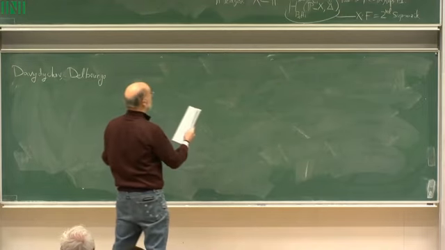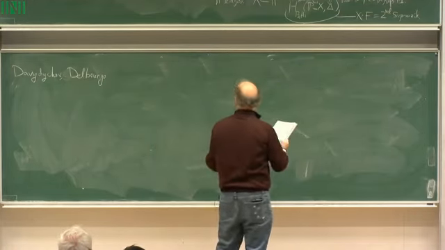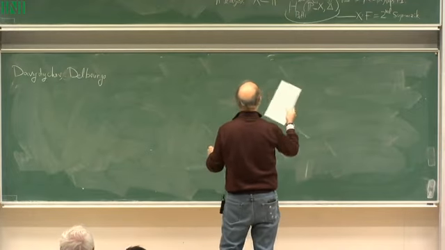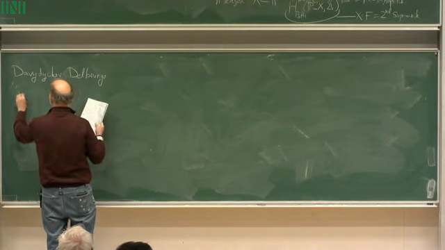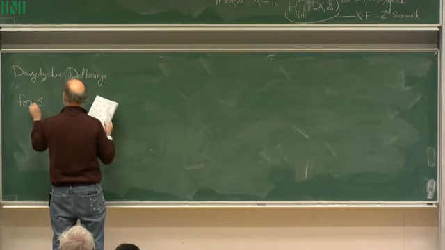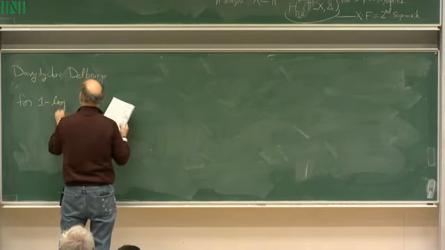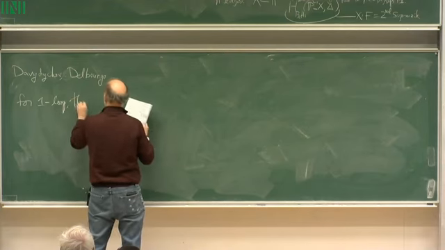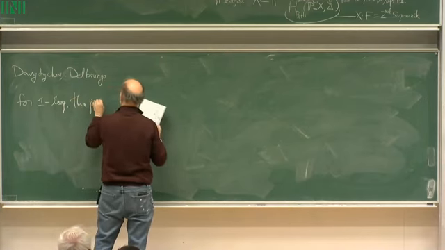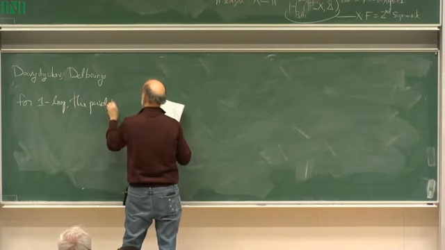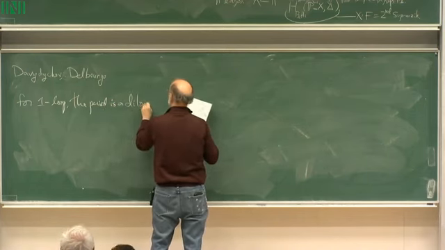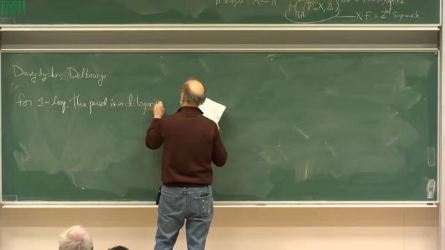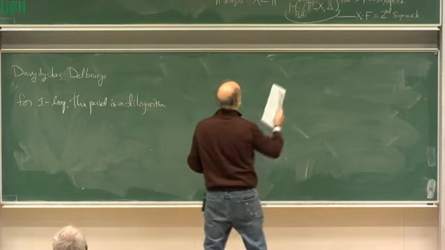The title is not very interesting. I think that you can probably find the paper just from the names of the authors. But roughly speaking, what the paper says is that for one loop, the period is a dilogarithm. So maybe I didn't say it quite clearly.